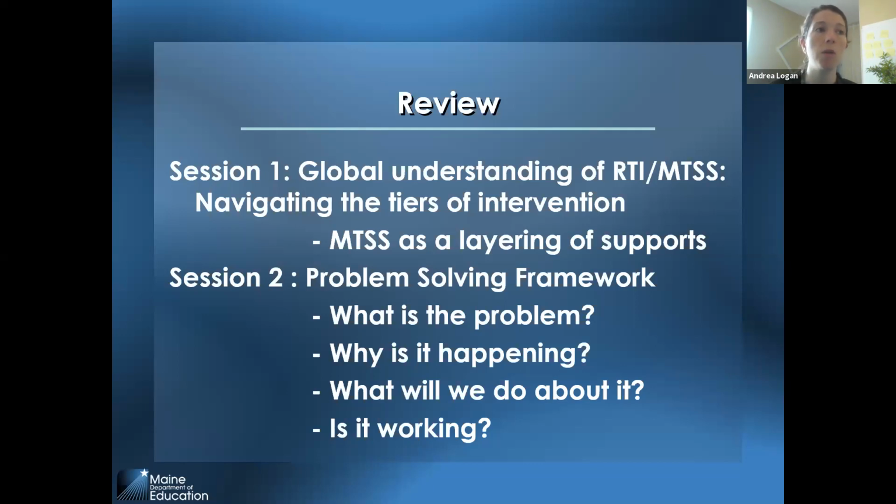We talked about how your anecdotal data and your daily interactions with students can help to support that problem-solving framework, because you're the eyes and the ears of the school, and you find yourselves in all the different nooks and crannies of a school, serving all different types and styles and shapes and sizes of students.